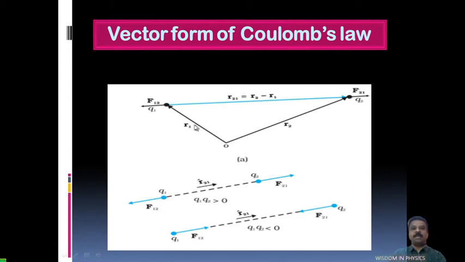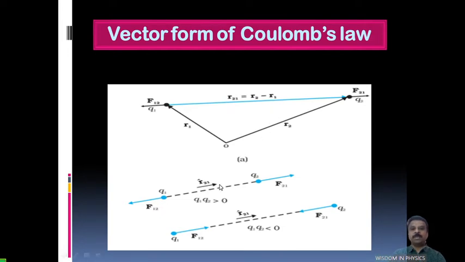The displacement between the two charges is R21, that is R2 minus R1. R21 means, what does it mean? The force acting on Q2 by Q1, and the force is acting towards charge 2 from 1. That is what R21 represents.